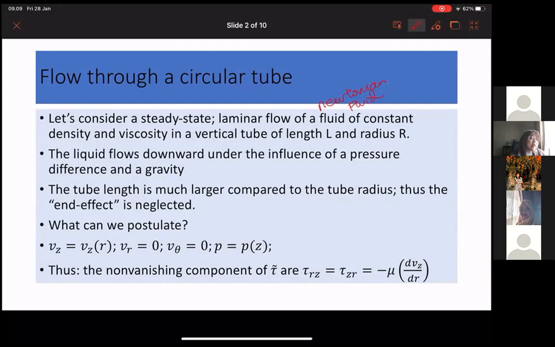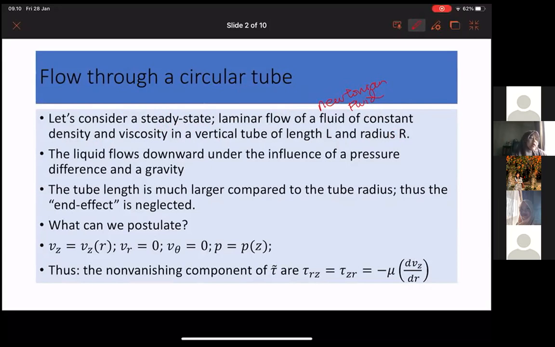We also consider constant density and viscosity, and the fluid is flowing downwards in a vertical tube with length L and radius R.